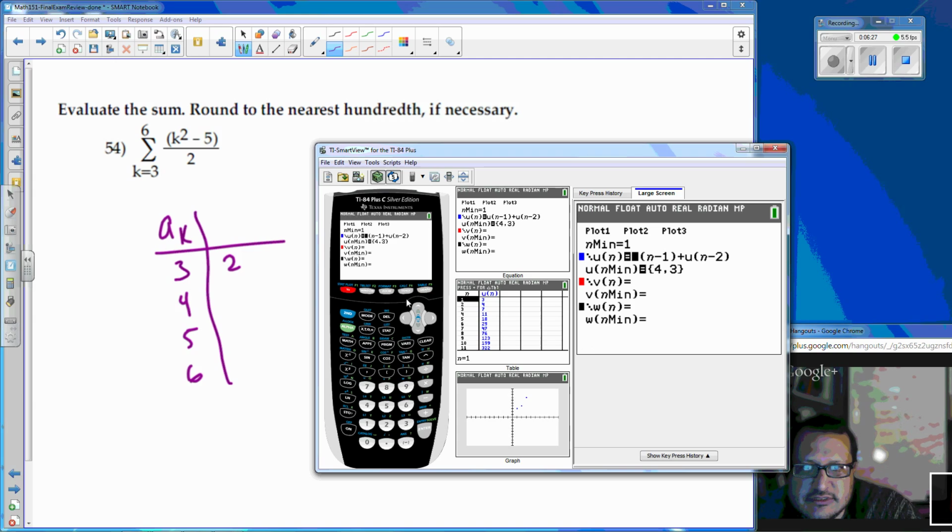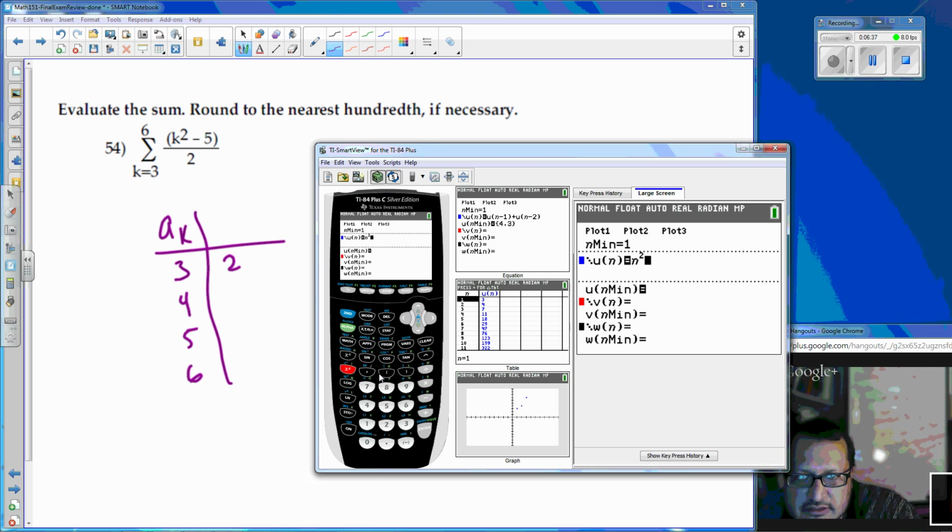And I can actually use the calculator to solve even this part. So y equals, we're going to clear that and then clear that. We're going to have n squared, so k squared, but it uses n, minus 5, and I should put this all in parentheses. Parentheses n squared minus 5 divided by 2. And we're going to look at the table.